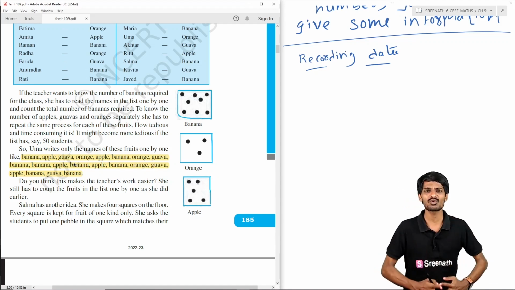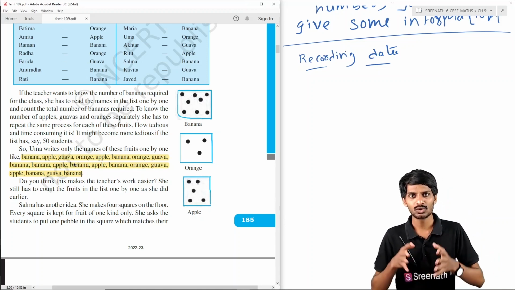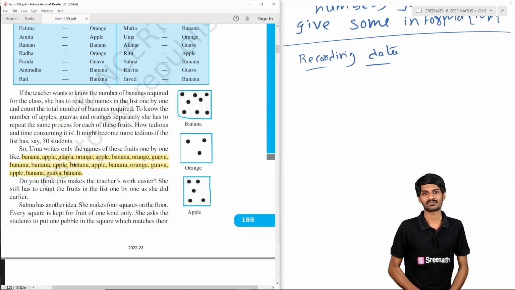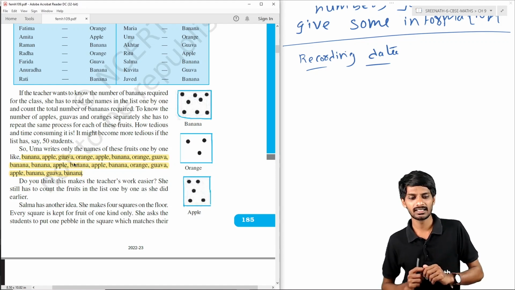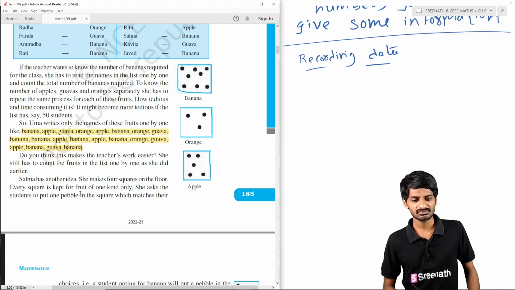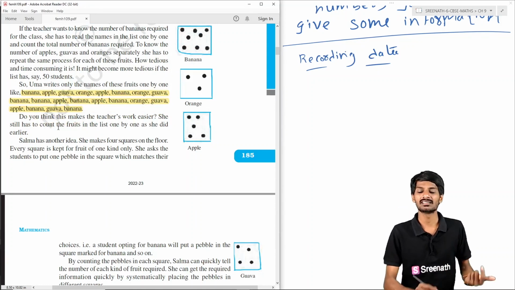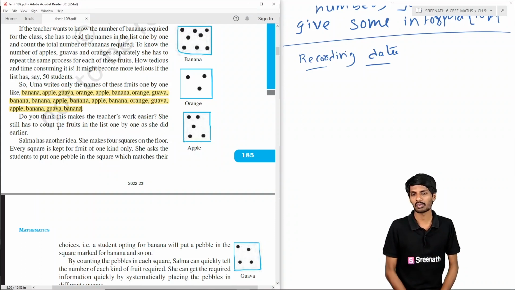It also takes some more time. So she has to look for another way to record data in an easier way, so that it takes much less time. By doing this method, does the teacher's work become easy? No, not at all.